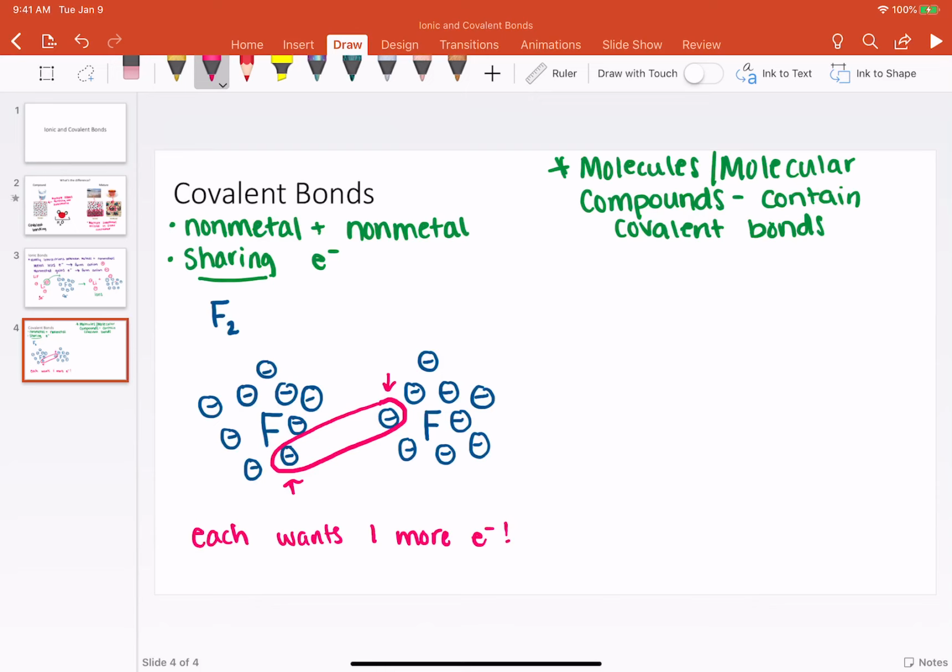They are sharing those electrons, and that interaction of the 2 electrons is our covalent bond. And that forms this bond between these 2 fluorines and creates our F2.